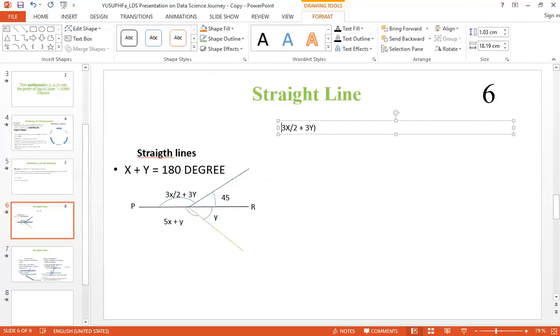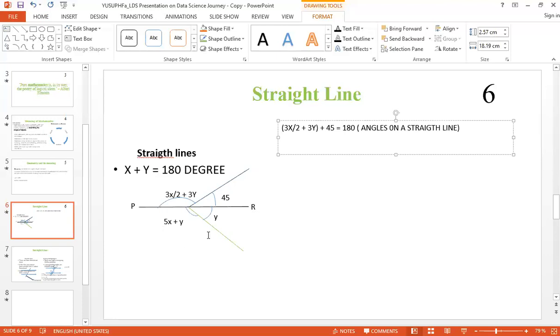So that angle plus 45 is equal to what? 180 degrees. Angles on a straight line. Okay, that's one. Then that's the top of that particular line.